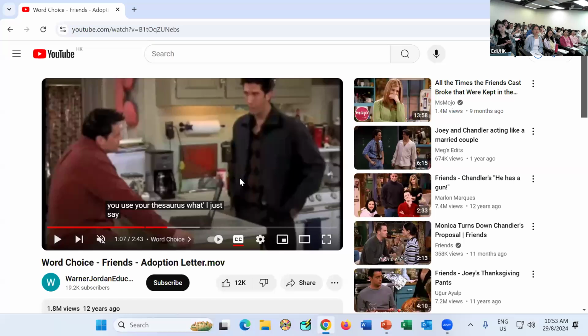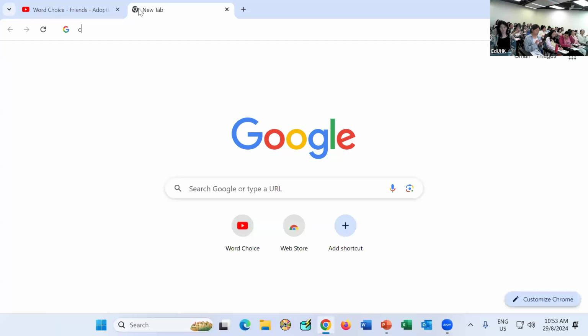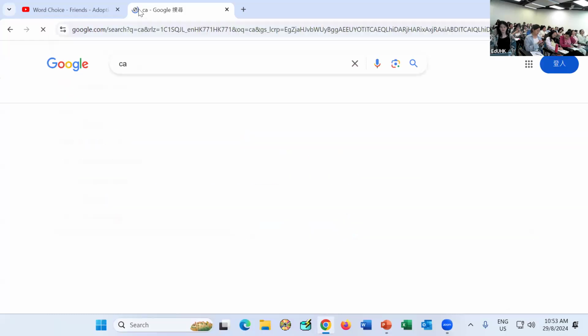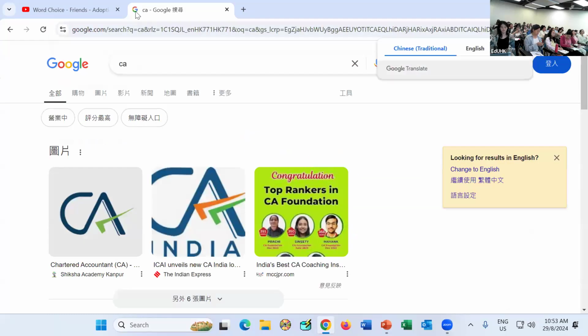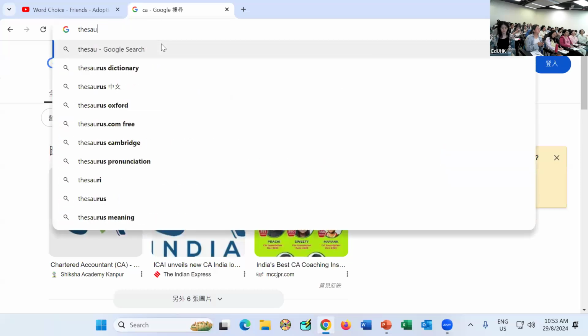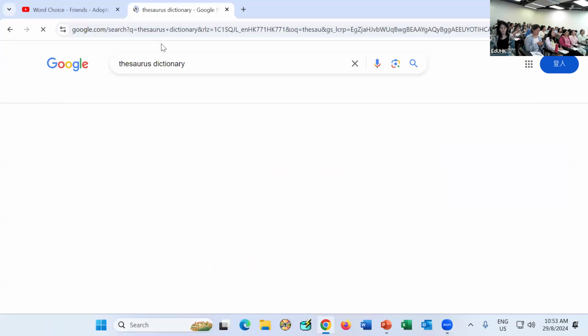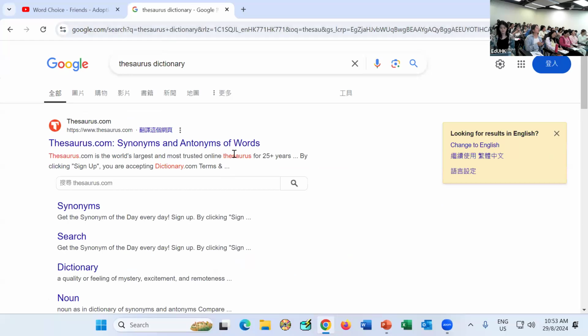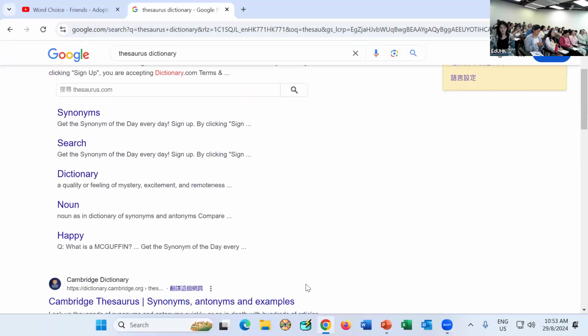You know the word thesaurus? Thesaurus, starting with T, T-H-E-S-A-U-R-U-S, is a dictionary for you to check synonyms. We have that online, the thesaurus dictionary, thesaurus.com, like this one, and actually many more.